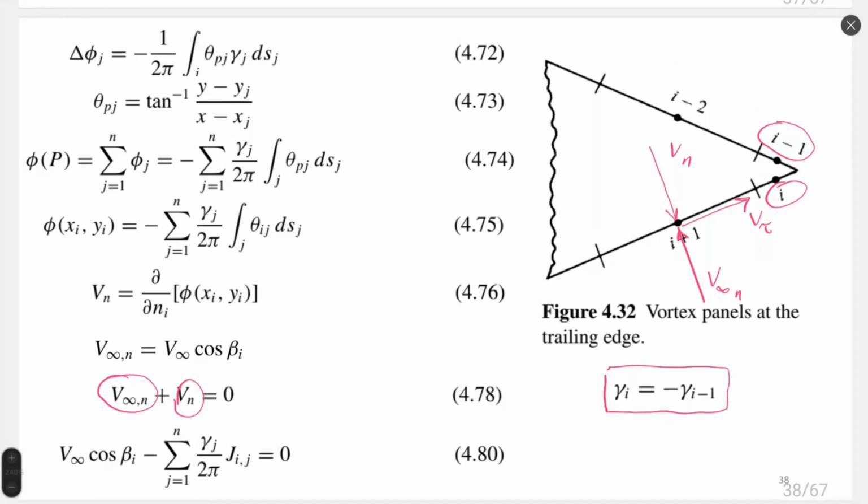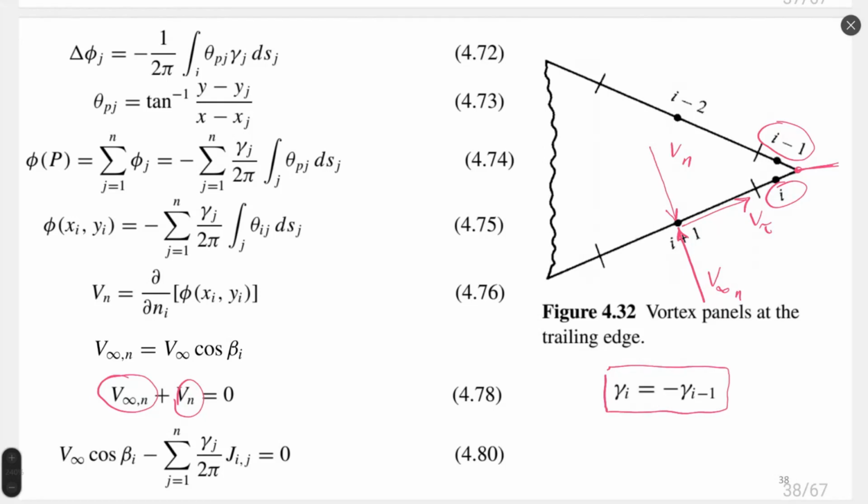Total circulation on the trailing edge is equal to 0, and this will guarantee that our stagnation point will be exactly on the trailing edge. So these two things we remember, right? Velocity is compensated, and the Kutta condition guarantees that flow will exit from the trailing edge of our airfoil. Now let's elaborate on these two simple ideas.